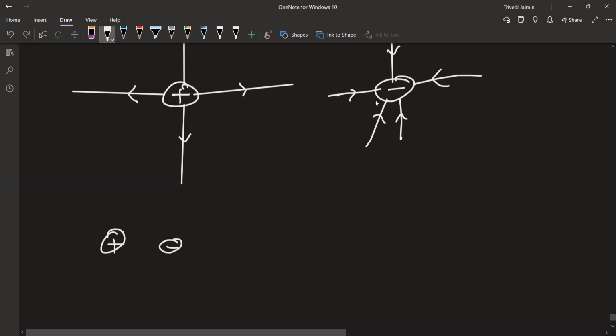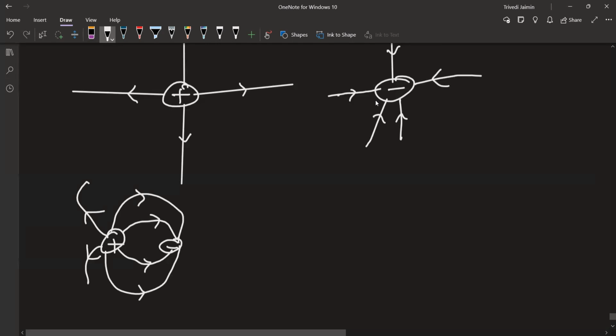So one is moving outward and one is accepting. So one line will be formed here because there is an attraction force. Again, it will be formed here, attraction force.